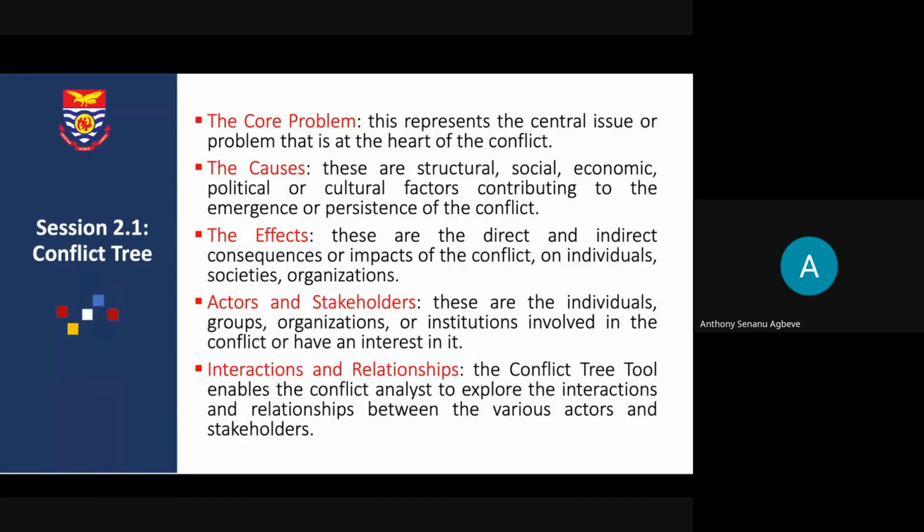So what are the effects of the conflict? Are the effects direct or indirect? The direct effects can be loss of lives, destruction of properties, disruption in our social life, where, for example, as a result of conflicts, curfews are imposed. People cannot go out at certain times of the day and in the night, right?